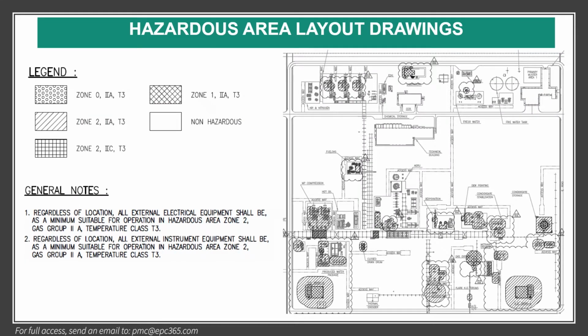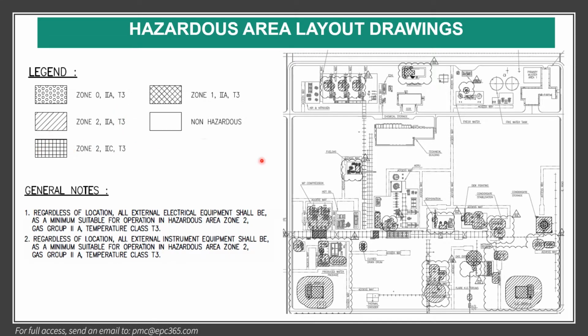So here, after the hazardous area classification schedule, we have to have a hazardous area layout drawing. Basically, the contractor should define where the zones are. For example, here in the middle is zone 1, here is zone 2, and here 2A means it is hydrocarbon and the maximum temperature class is T3.